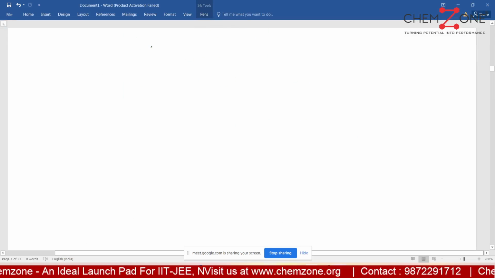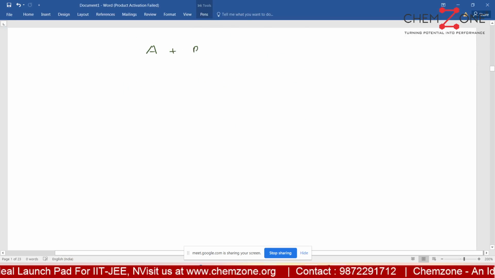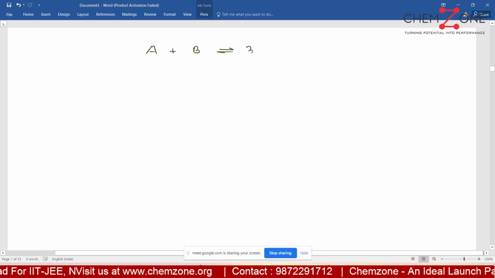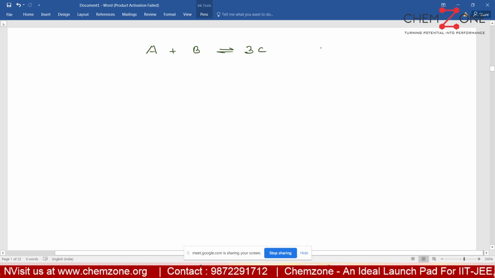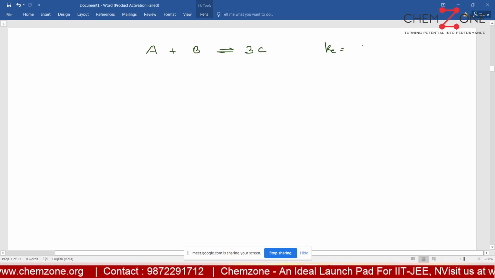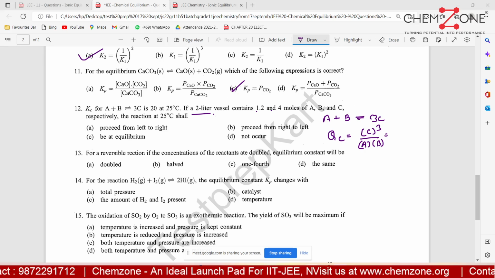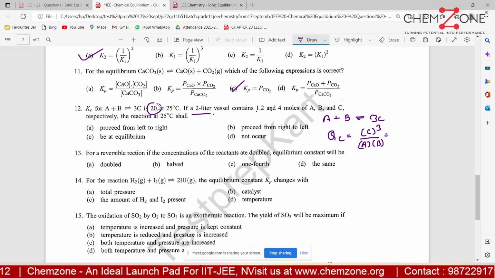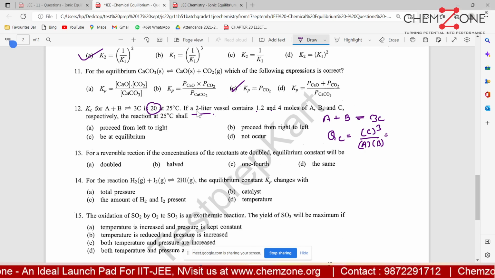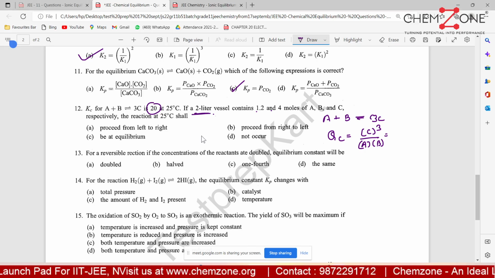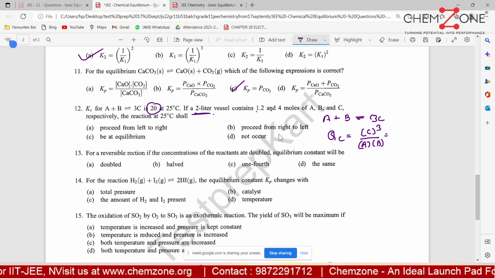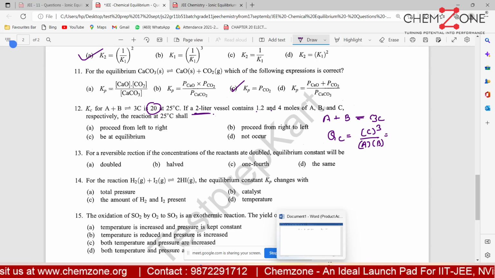We are given the equation A plus B in equilibrium with 3C, and the Kc value is given to us as 20. In a 2-liter flask, 1, 2 and 4 mole of A, B, C are there.